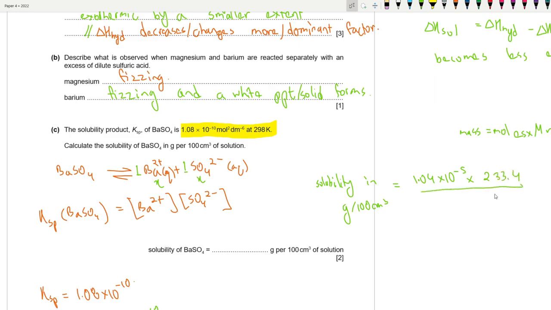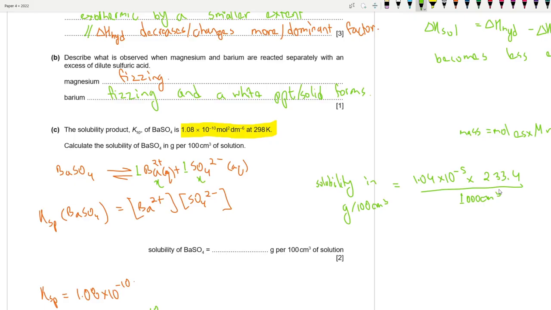Now you guys know that this value is in 1 dm cube. 1 dm cube basically means 1000 cm cube, right? But we need the answer in 100 cm cube. Do you understand?